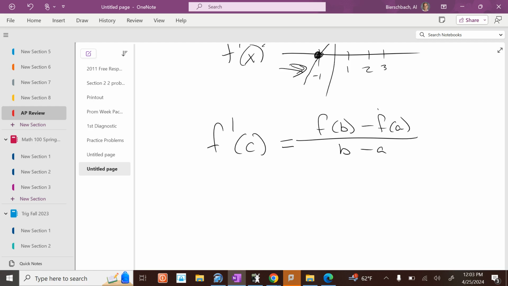Extreme value theorem is in between 2 points. There's always going to be a min and there's always going to be a max. And then the rest of it we got to was integration, and then we got to differential equations.